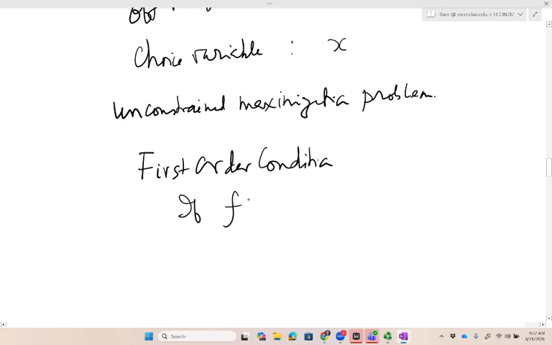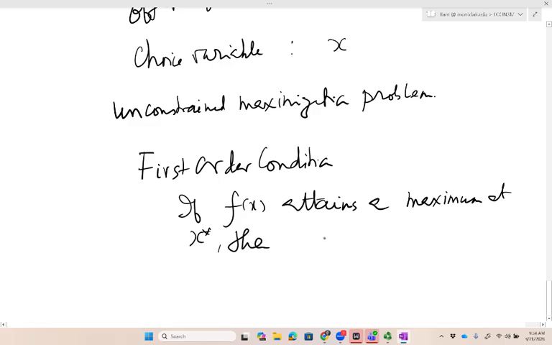If f of x attains a maximum at x star, then the first order condition is the derivative of f with respect to x equal to 0 at x star.